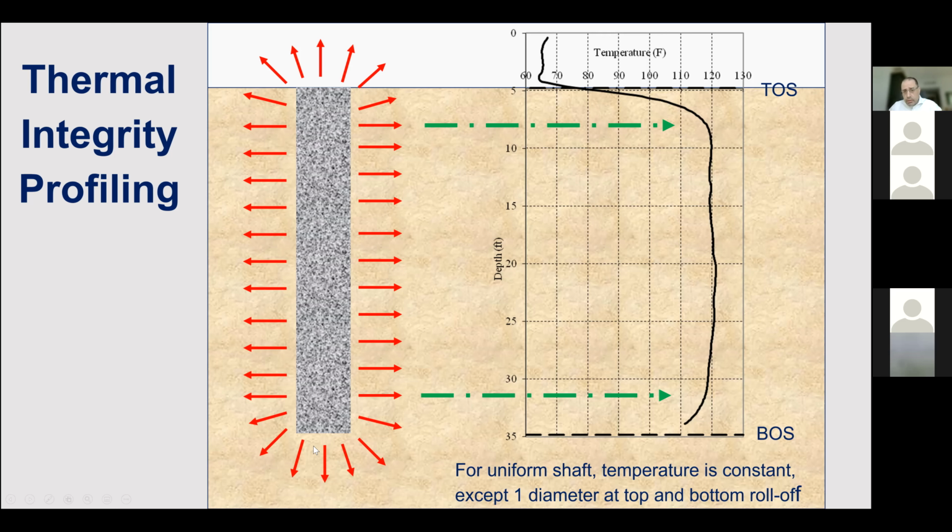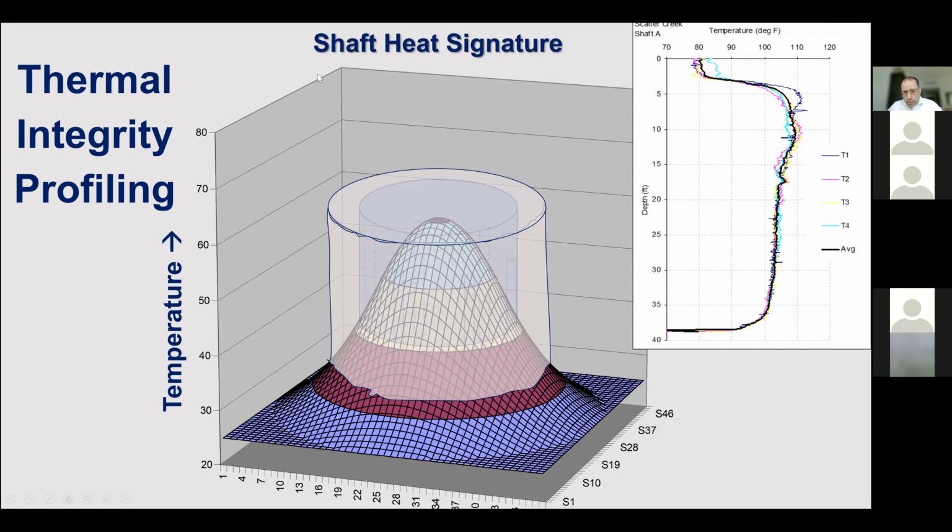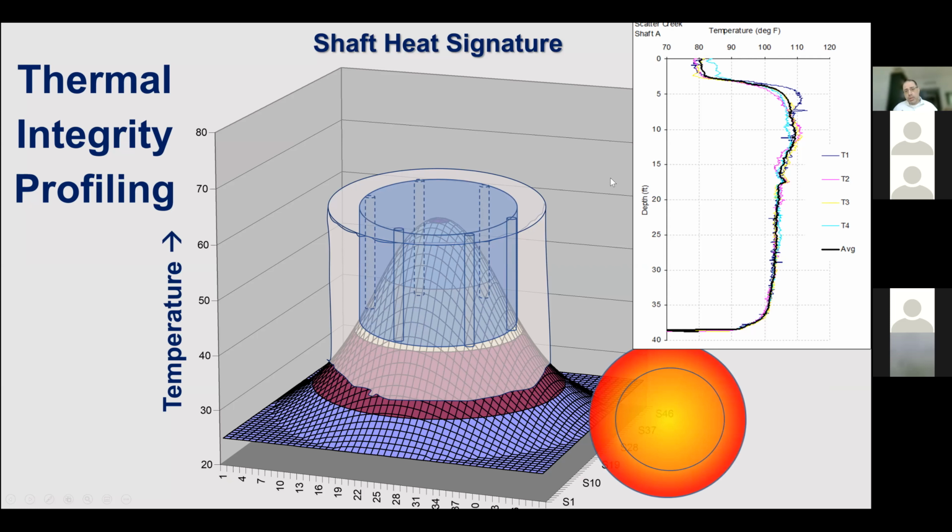In a theoretical situation, if you have a perfect cylinder and a heat signature being generated due to the curing process, this heat signature looks like a 3D cone structure or surface. Now, look at the intersection of the steel cage with this heat dissipation.